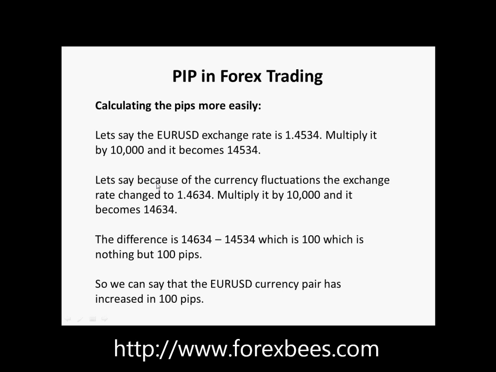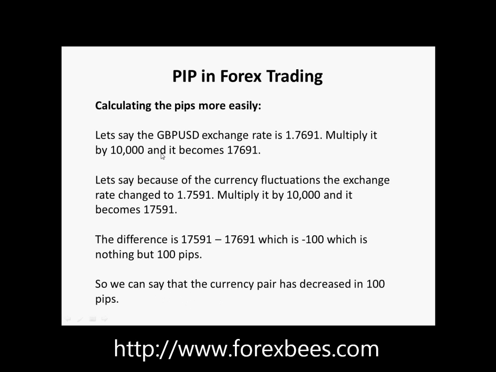Let's say because of the currency fluctuations, the exchange rate changed to 1.4634. Multiply it by 10,000 and it becomes 14,634. The difference is 100, which is nothing but 100 pips. So we can say that the Euro US dollar currency pair has increased by 100 pips.